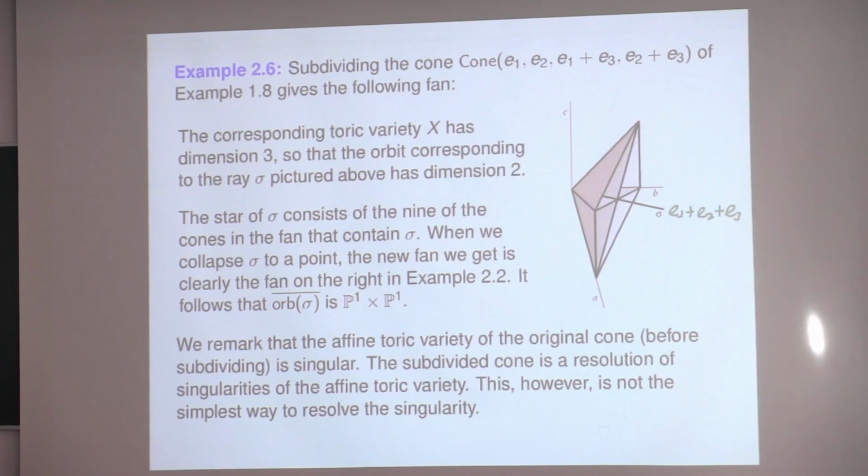So let's maybe forget for a second that we started from the earlier cone and that we are just subdividing it. Let's start from this one. This is the starting point. But if you're a little bit familiar with toric varieties, what we have just done turns out to be the blow up of the variety that we had before at the invariant point corresponding to the big cone.